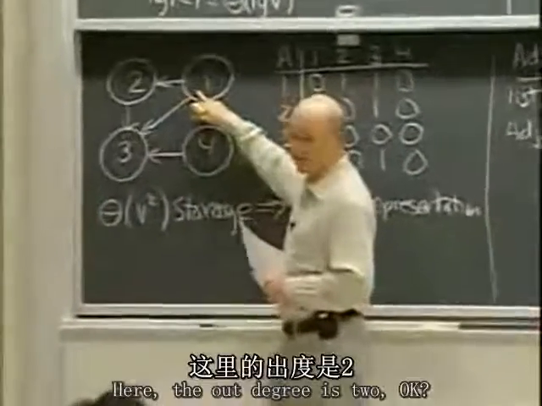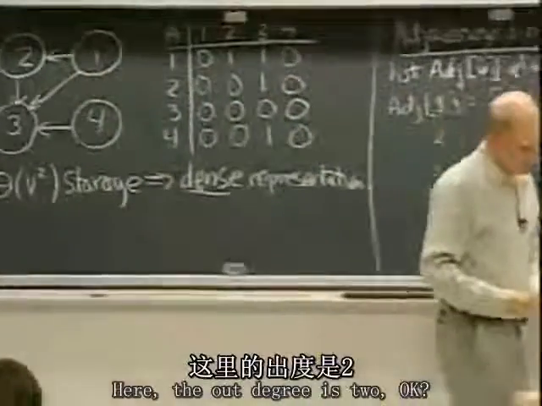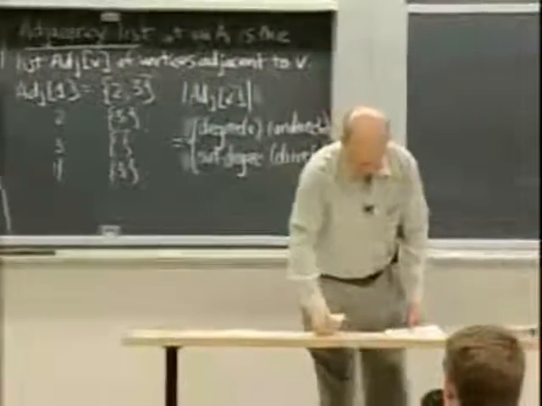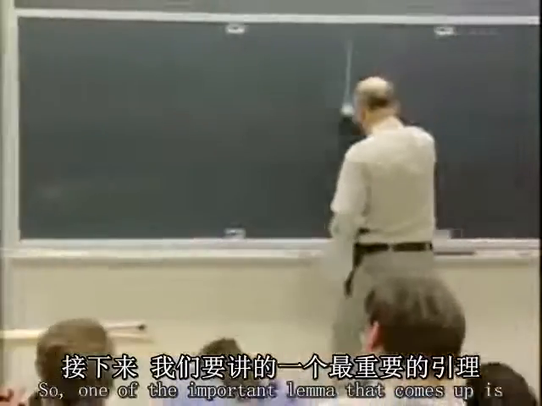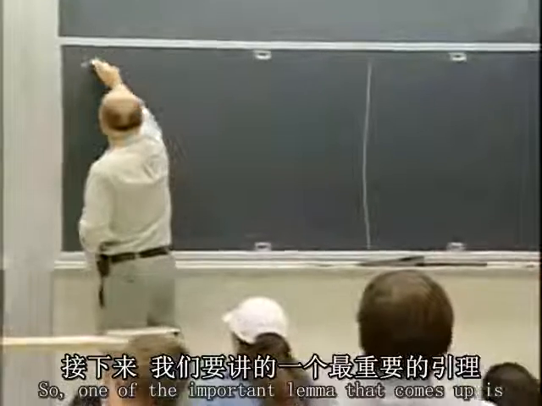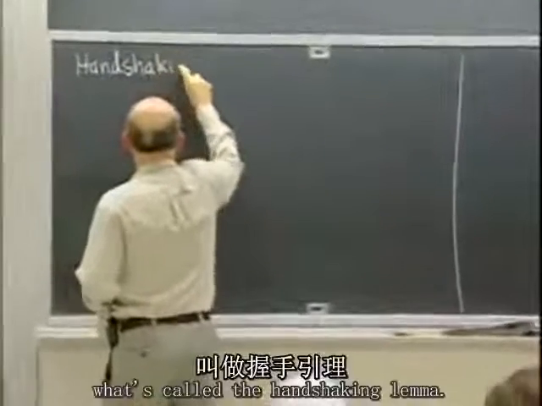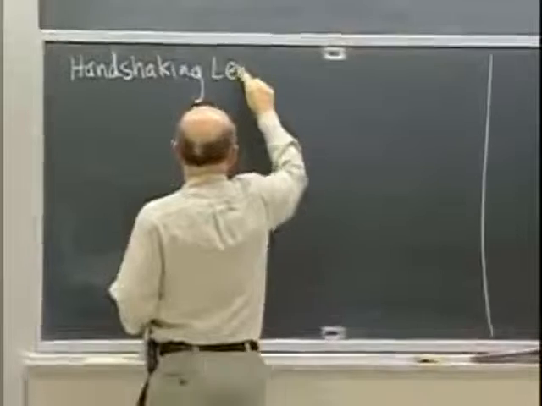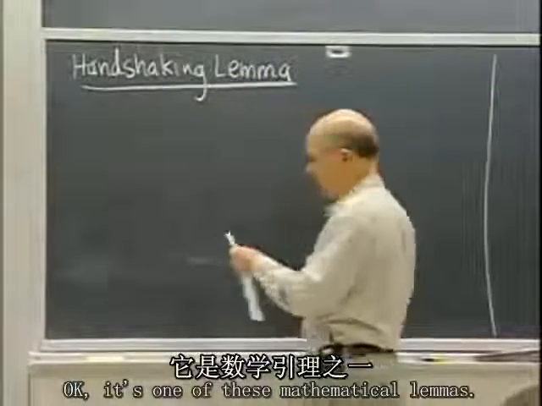Here the out-degree is 2. So one of the important lemmas that comes up is what's called the handshaking lemma. It's one of these mathematical lemmas.